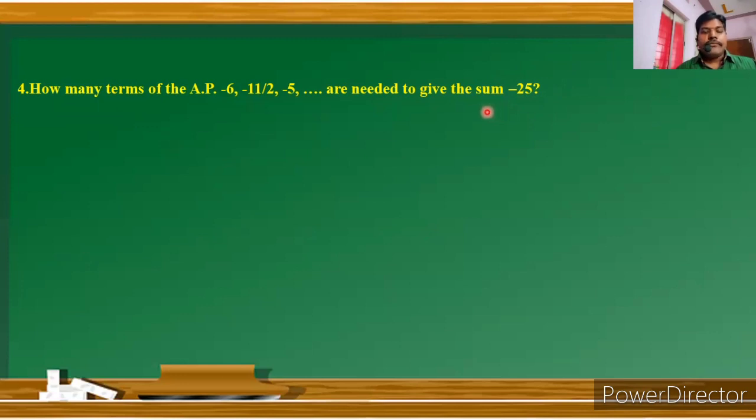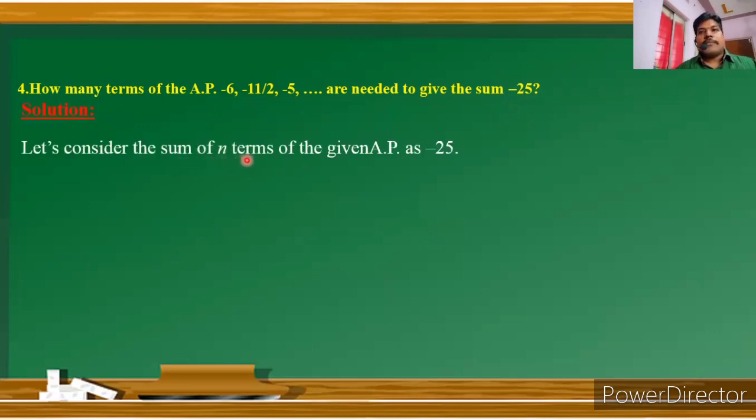Okay, so let's start, students. The sum is minus 25. So I am considering the sum of n terms of the given AP as minus 25. How many numbers you are adding, I don't know.